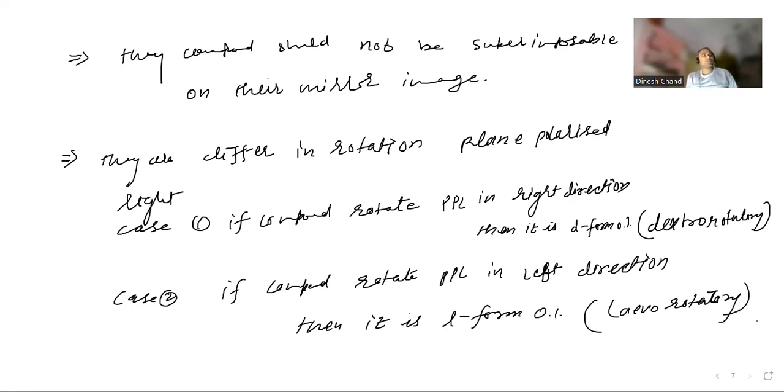If the compound is rotating in the right direction, that is called d-form, dextrorotatory. If it is left side, then it is levorotatory.